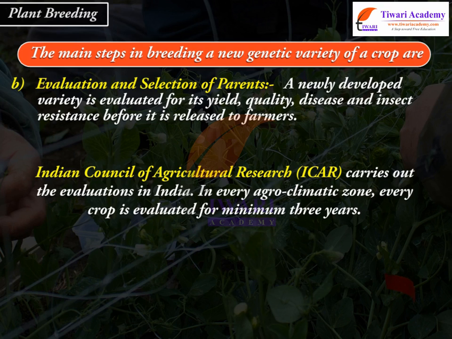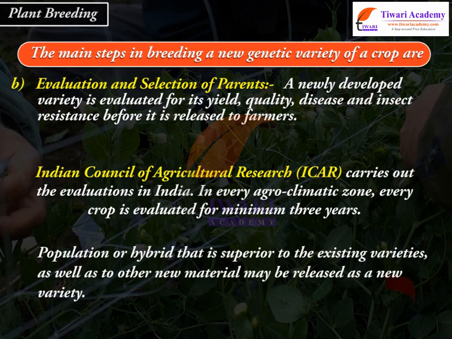In every agroclimatic zone, every crop is evaluated for a minimum of 3 years. A new pure line, population or hybrid that is superior to the existing varieties as well as to other new material may be released as a new variety.